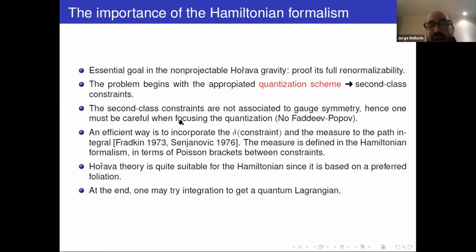The place where the measure associated to this constraint is well defined is in the Hamiltonian formalism. And in some cases, like in Horava theory, it is not easy to pass to the Lagrangian formalism. So I think the best thing to do is to start with Hamiltonian formalisms.